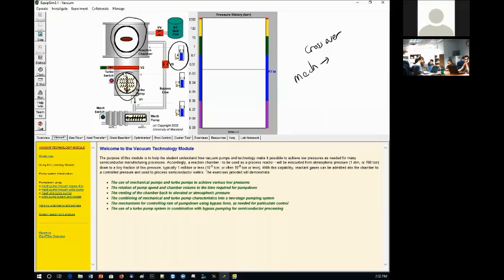The switch between mechanical to turbo pump range. Turbo pump will not work otherwise because there would be too much of a load on the turbo pump blades. I would just kill the blades of the turbo pump, remember? So now I can safely open up the turbo pump as well.